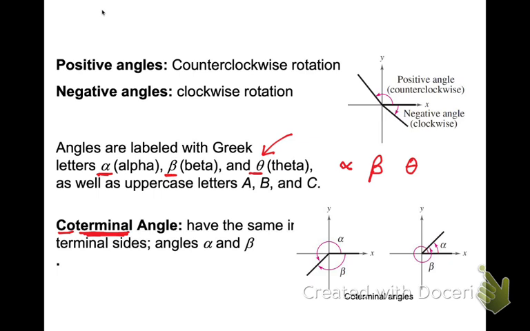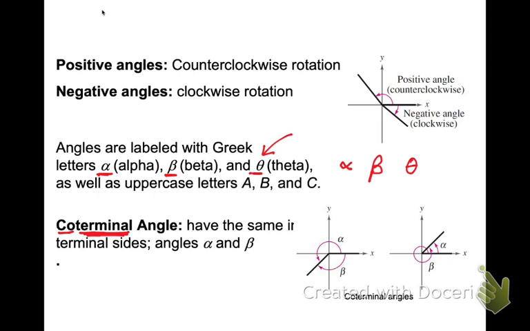Why? Because it's a circle. So those two together would be 360 degrees. So if I told you alpha, could you figure out beta? If I told you beta, could you figure out alpha? Yeah.